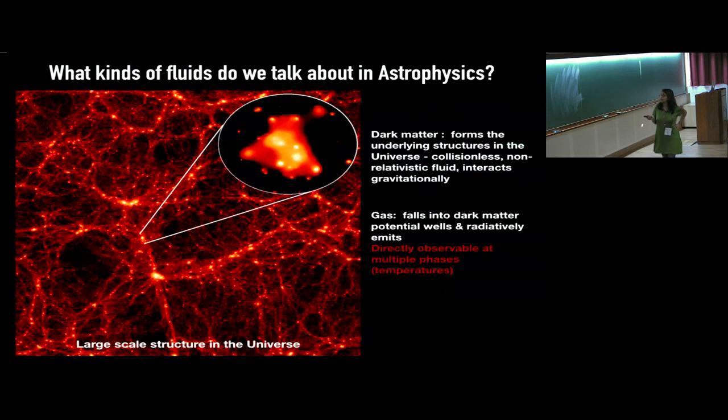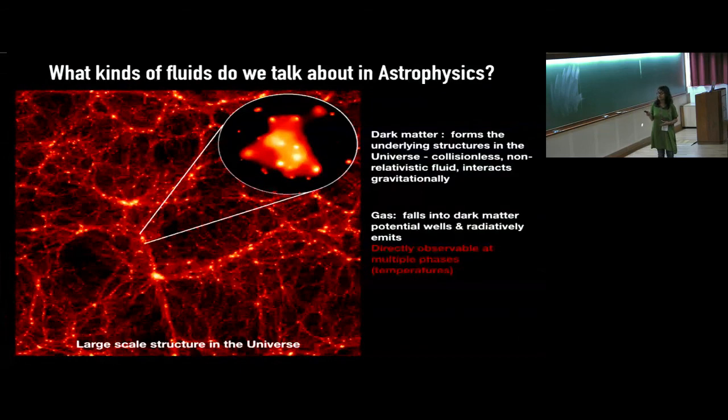Gas is what we understand as matter, and the special thing about this gas is that it is affected hugely by gravity, the underlying gravitational potential wells, which are formed due to the dark matter dynamics all over the place. Another important thing about gas is that it emits and absorbs photons, which we can directly observe.